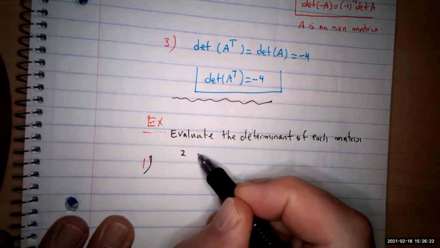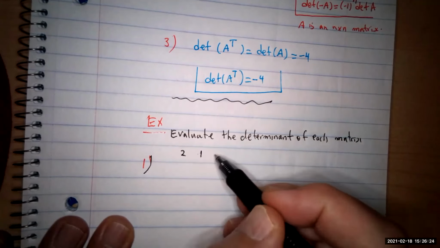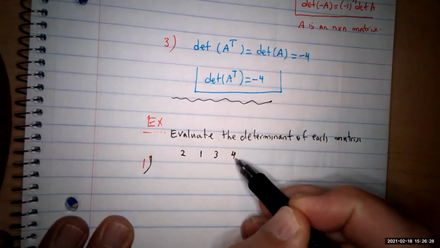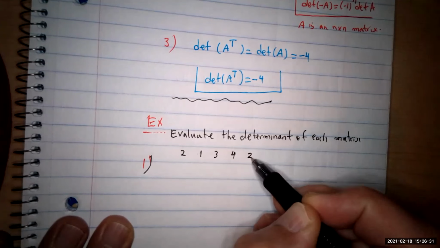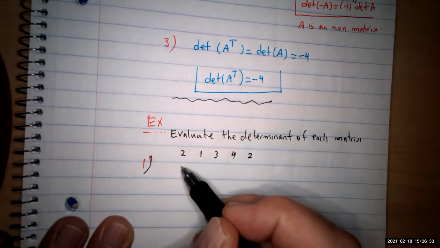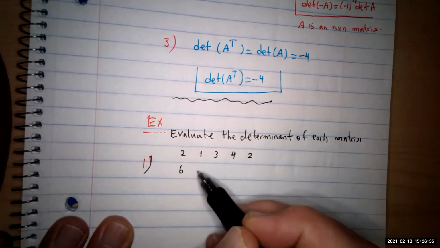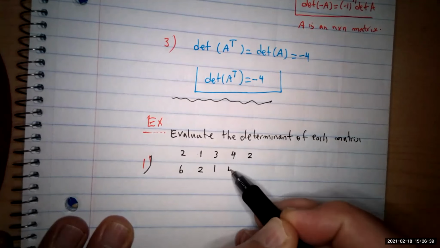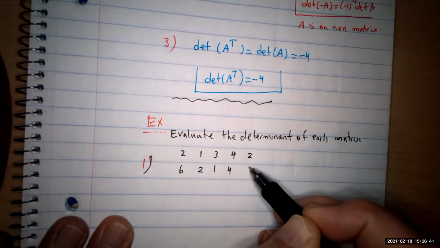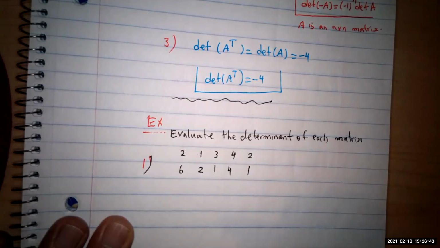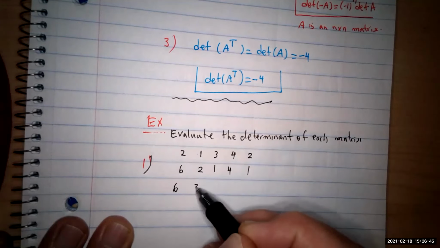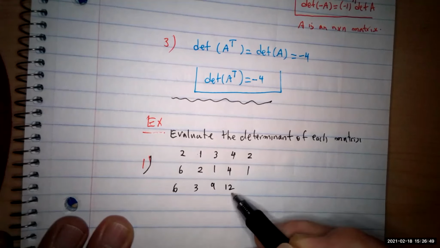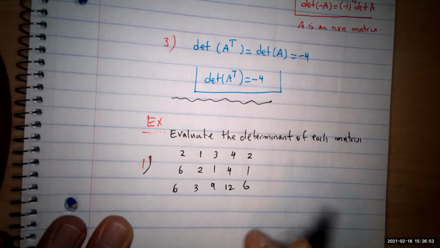So this is what we have: 2, 1, 3, 2, 1, 3, and that's going to be K, 4, 2, 4, 2, and this is going to be 6, 6, 2, 6, 2, 1, 4, 1. Then you have a 6, 3, 9, 12, 6.